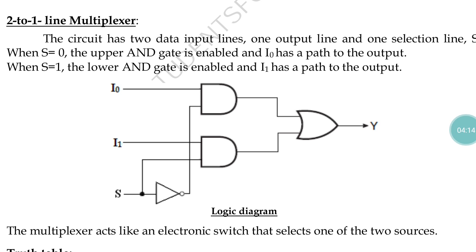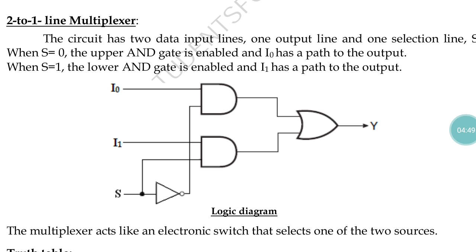You can see the diagram. The inputs are each connected to one input of an AND gate, and the remaining input of each AND gate is connected to the control signal. In our 2 to 1 line multiplexer we have two input lines and one output line, with a single control signal.